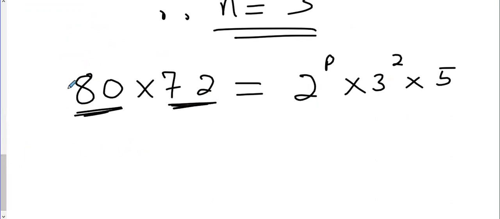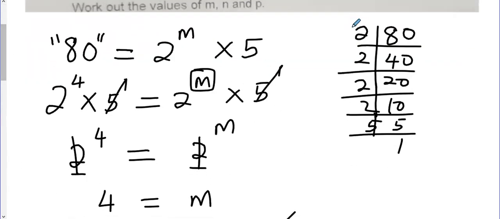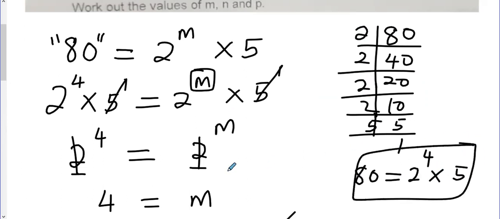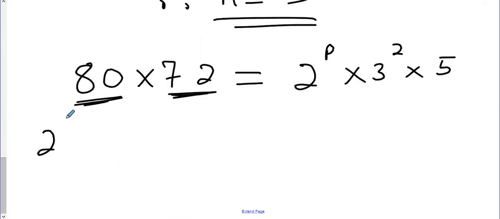So we can go ahead writing 80 as a prime factorization: 80 equals 4 twos, 2 to the power of 4 times 5. This is your 80.